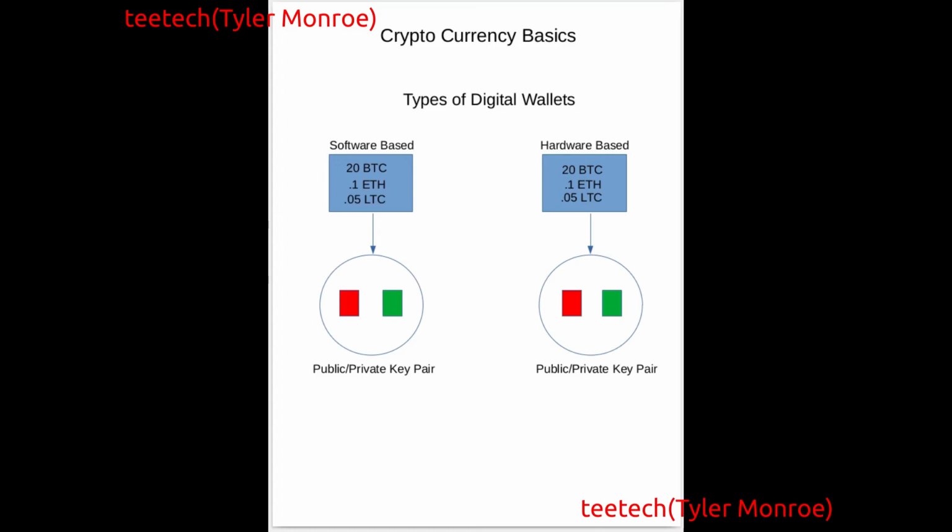You have to plug it into your machine to interact with it and send and receive funds from it. But they both have public and private key pairs. Hardware is more secure because it's a stripped down version that cannot be compromised as easily as a software-based one that might be running just on your desktop. But that's your two types there for wallets, and they store your cryptocurrency.